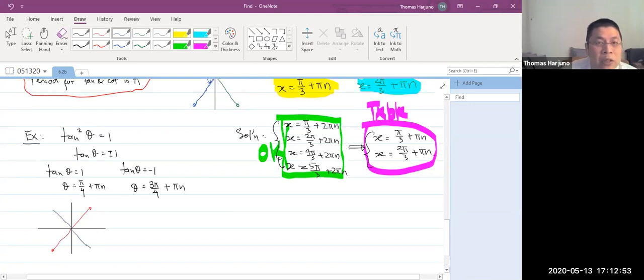Notice that I can actually condense them to be theta equals pi over 4 plus a multiple of 90 degrees. You see what I mean? So even for tangent, there are situations where we may be able to do condensation.